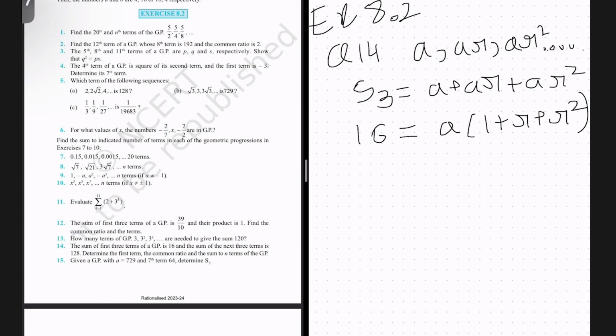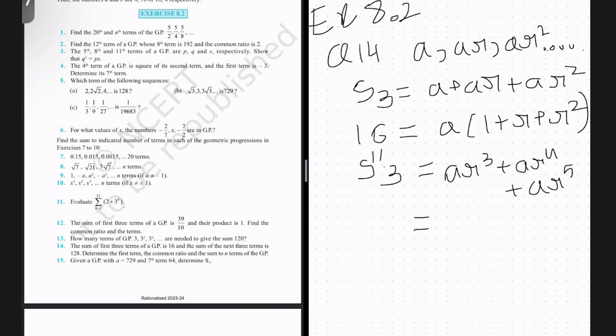Now the sum of the next 3 terms, let us denote that by S double dash of 3. I cannot say that is S of 6 because the first 3 terms are not considered. So the sum of the next 3 terms is going to be ar cube plus ar to the power 4 plus ar to the power 5.